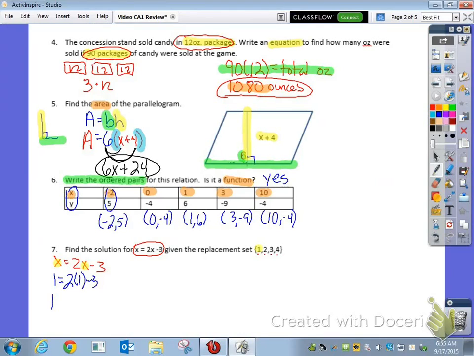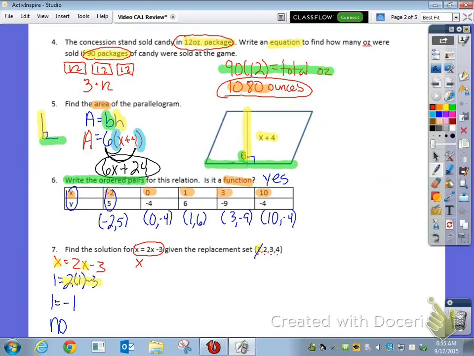When I put this part right here in the calculator because there's not a variable, I get a -1. Now, does 1 equal -1? No. So 1 does not work, okay? So I'm going to start with my equation again.